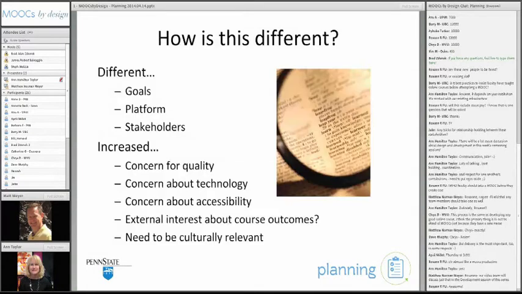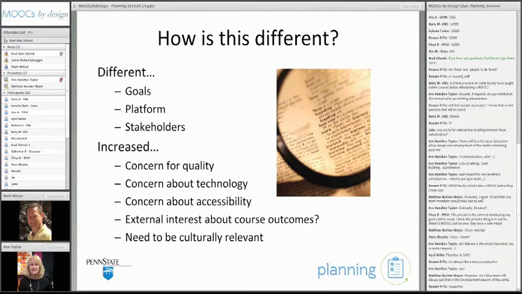And talk about, Chris brought up earlier that this sounds like a lot of things we already know about online teaching and learning. So we wanted to focus a little bit on how this is different. Obviously, an institution like ours has been doing online education since the beginning of online education. That said, there were still some really important differences to doing a MOOC.